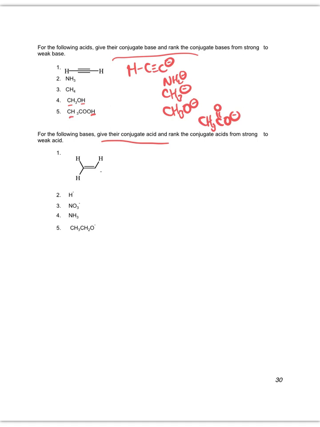So we're supposed to rank the conjugate bases. The only way we can rank the conjugate bases is to know how strong the acids are. So this is a carboxylic acid, number 5. It has a pKa of 5. This is an alcohol. It has a pKa of basically 16. This is a hydrogen on a nitrogen. It's 36.